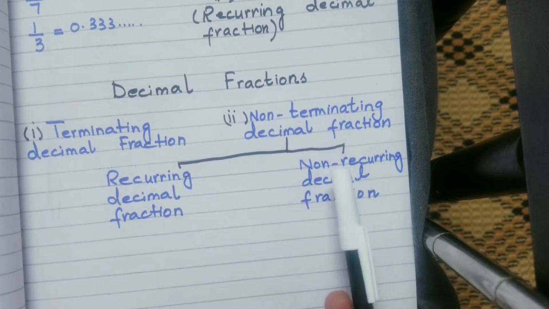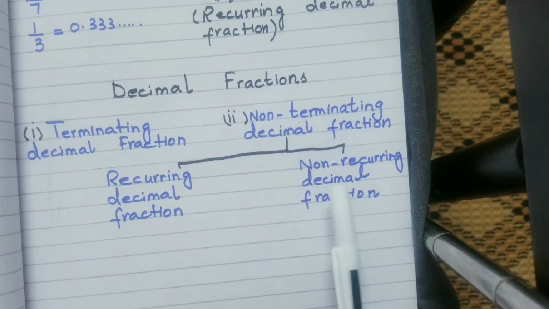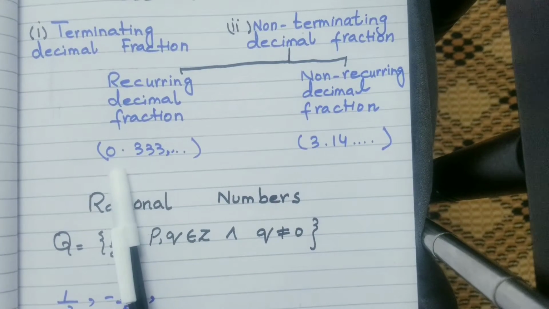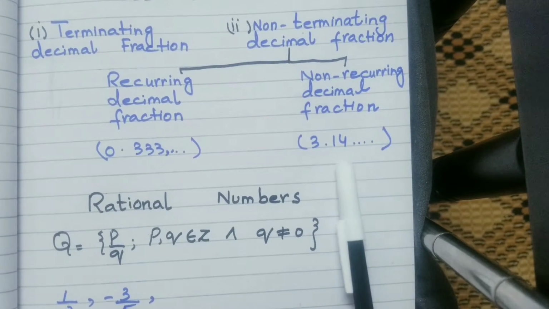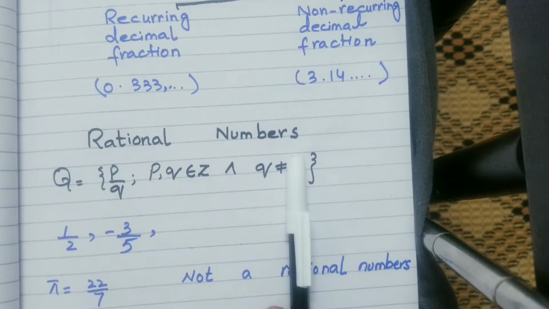Non-terminating decimal fraction is also classified into two: first is recurring decimal fraction and the second is non-recurring decimal fraction. So here we have an example. A recurring decimal fraction always has a pattern after the decimal point, but a non-recurring decimal fraction doesn't have any pattern after the decimal point.